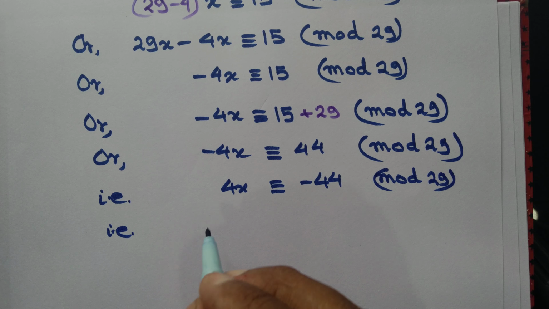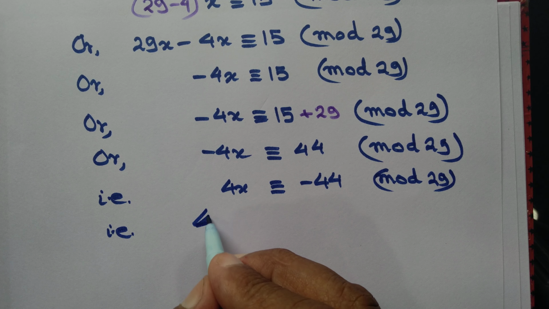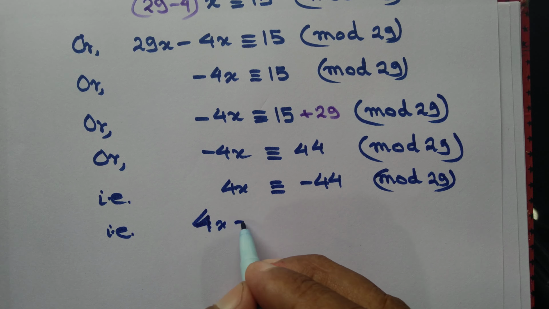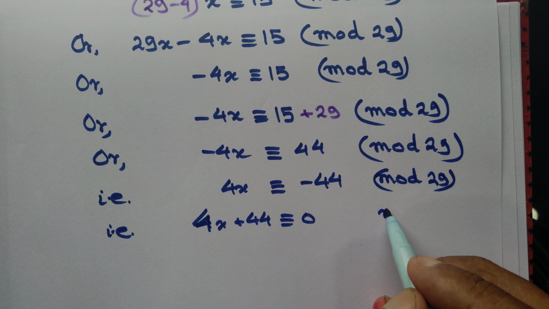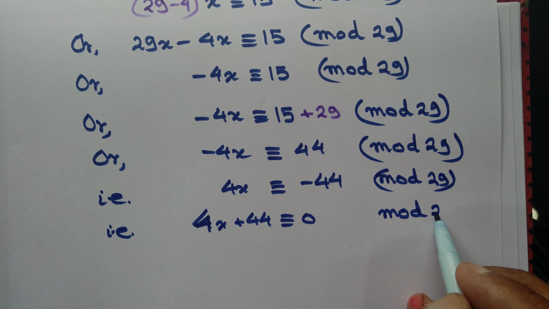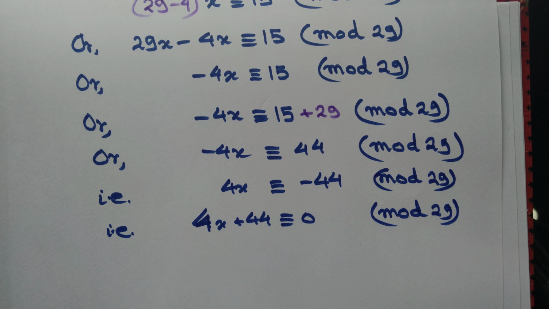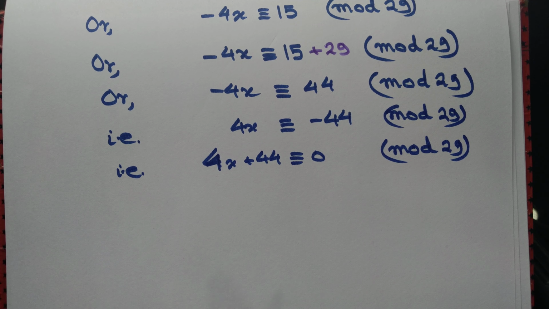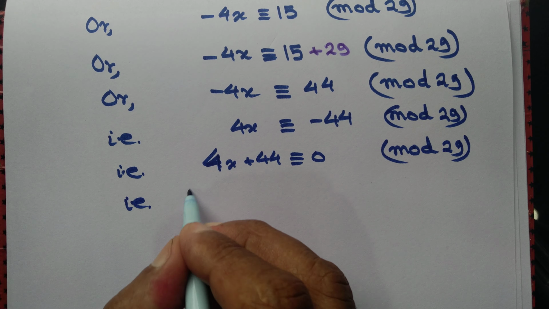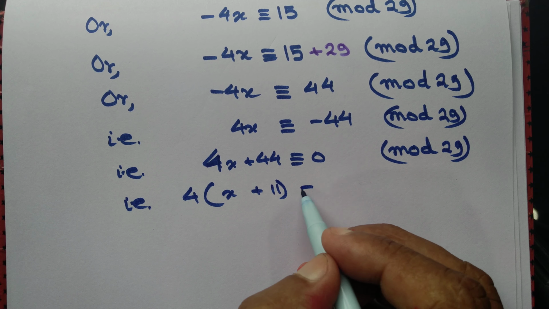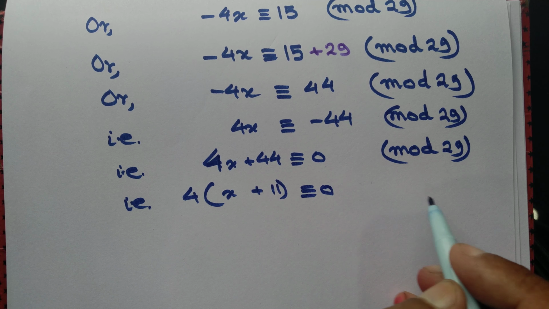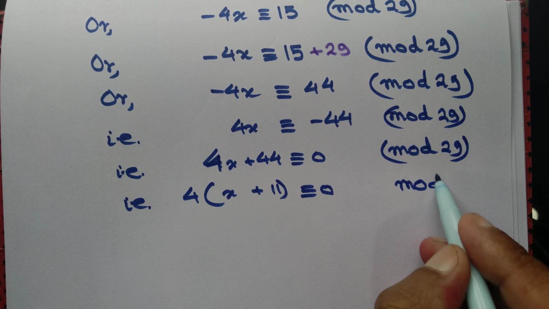That is 4x plus 44 is congruent to 0 mod 29. So 4x plus 44 must be divisible by 29. That is 4 times x plus 11 is congruent to 0 mod 29.